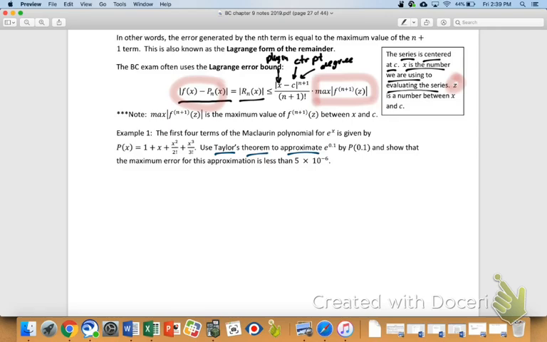So let's use your calculator, okay? Take a minute and practice this out. Let's figure out P of 0.1.